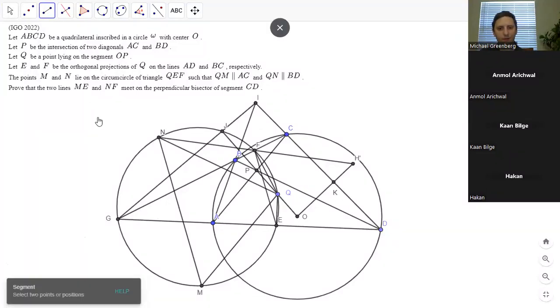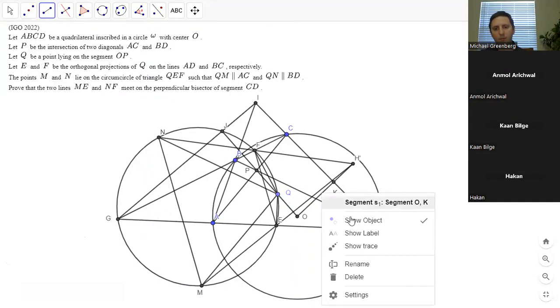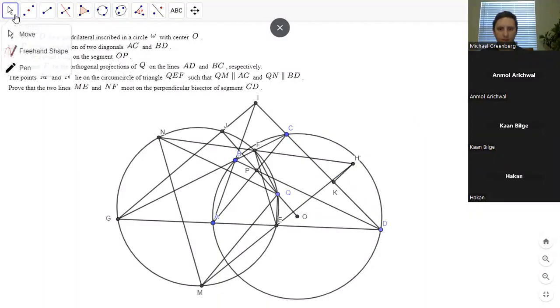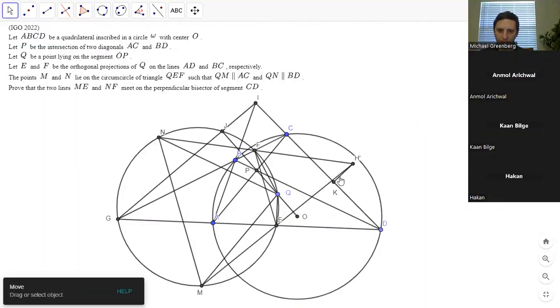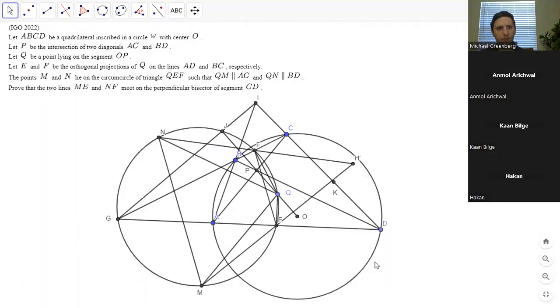So once we know that this is an isosceles trapezoid, maybe it's easier to draw it like this instead. First draw that point and then show that, yeah, O, K and H prime are collinear.